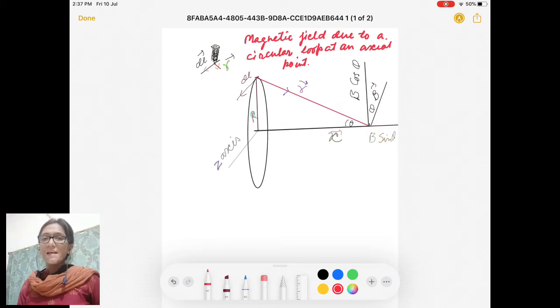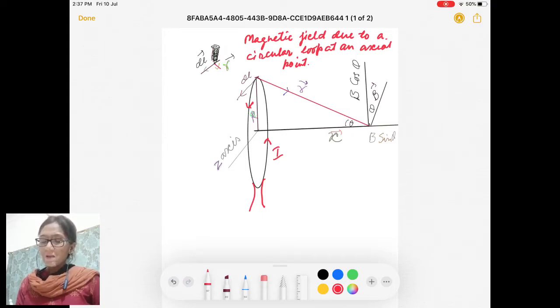Now, magnetic field due to a circular current carrying loop. Current is going along this direction of magnitude I and coming along this direction.